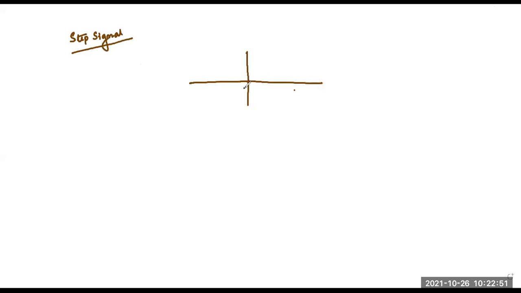If it is the 0 point, 1, 2, 3, 4, 5, and so on up to n, this is n, and this is represented as u(n).